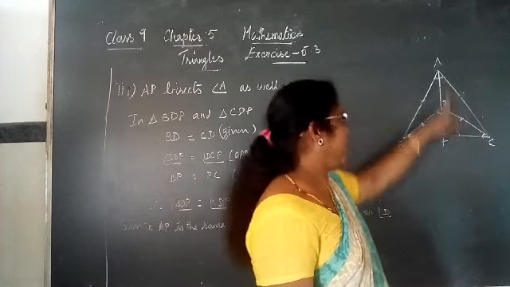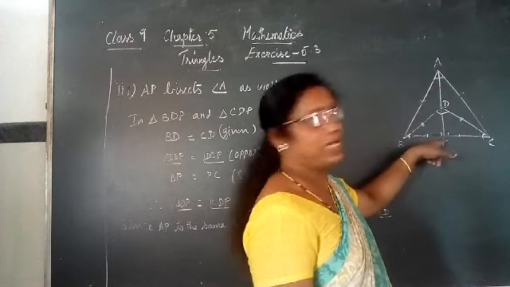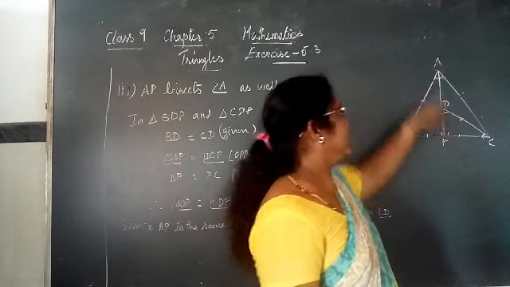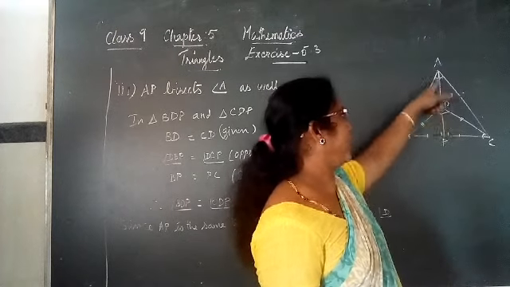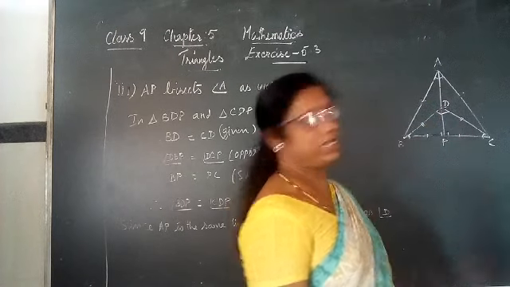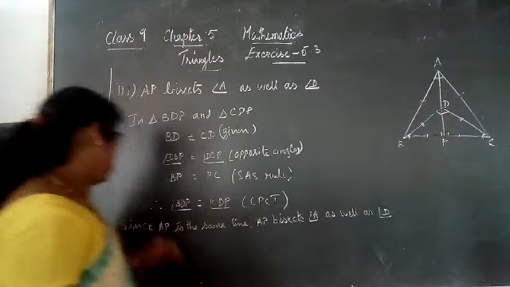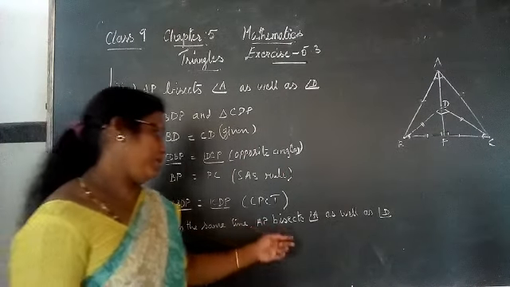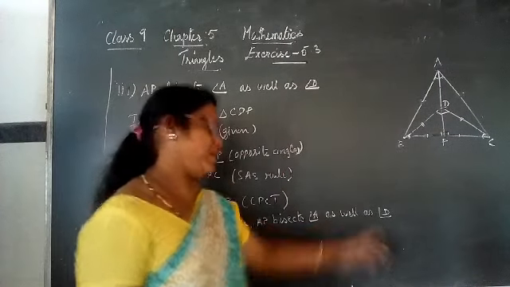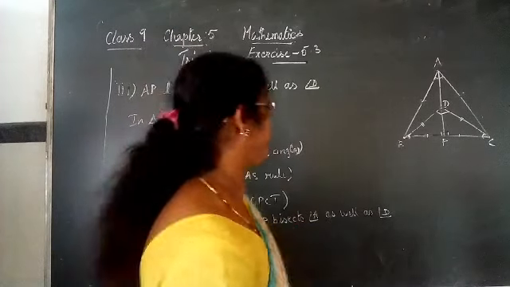But the points A and P lie on the same line which divides the two angles A and D. So that is what we have to prove. Since AP is the same line, AP bisects angle A as well as angle D.